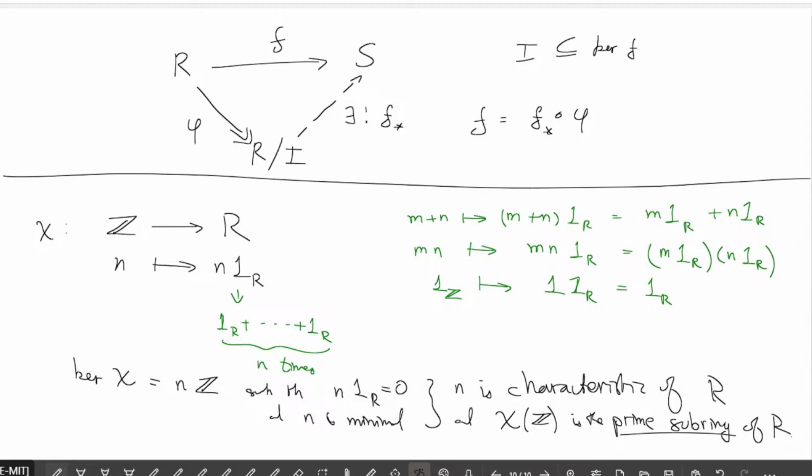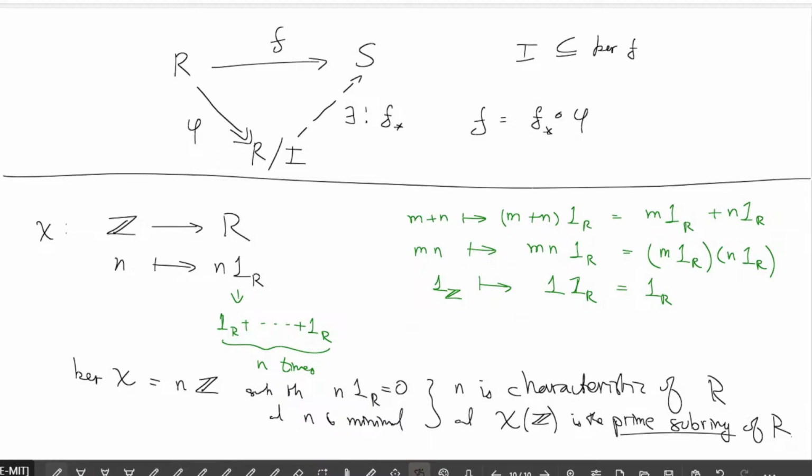For example, Z_2 is an integral domain, it's a field. What is the kernel if R is Z mod 2? It is 2Z. It's not 0, because the characteristic is 2. Even if you have a field, you can have non-zero characteristic.